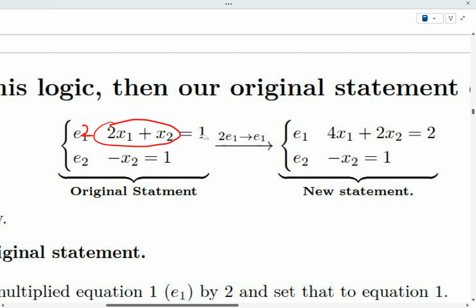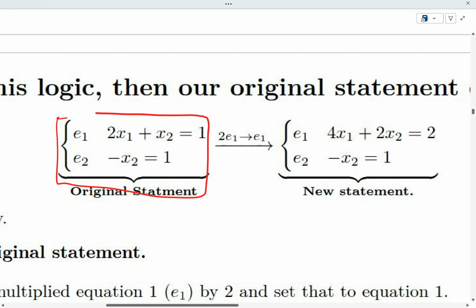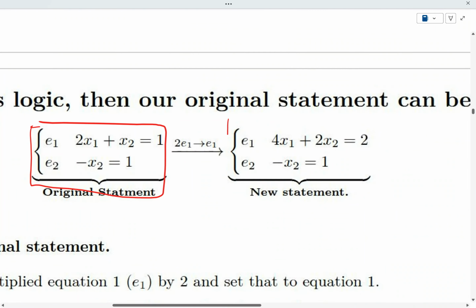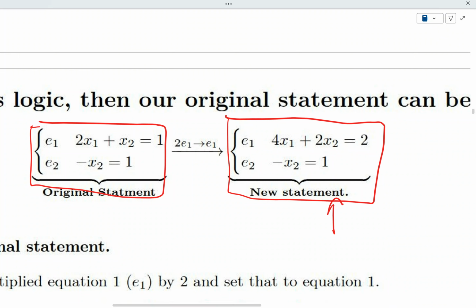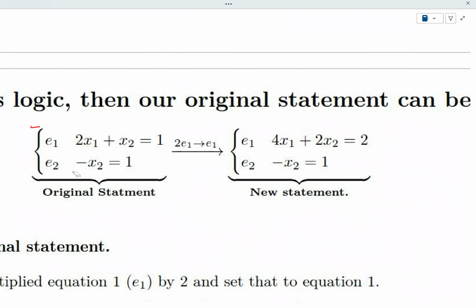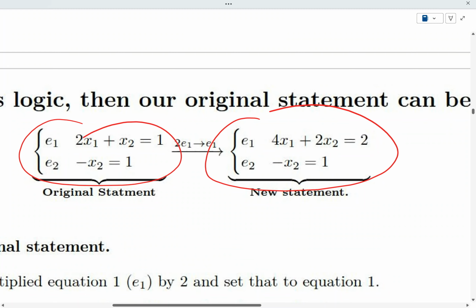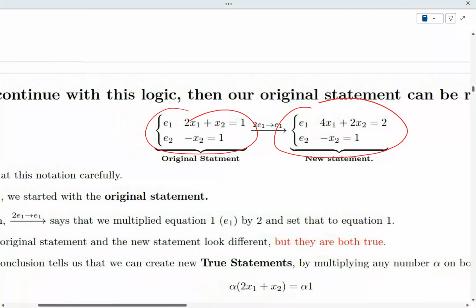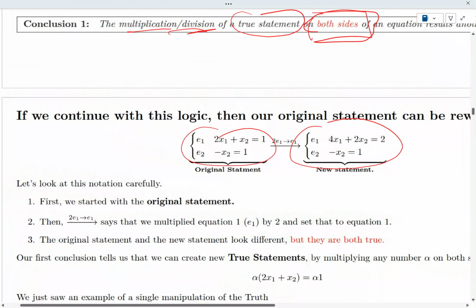So instead of just transformation of one particular equation, now we have transformation of an entire system. So this is a system of equations, and now we transform to a new system of equations, a new statement of truth. And the two of them are actually equivalent, equally true.